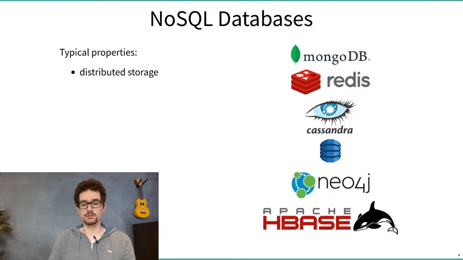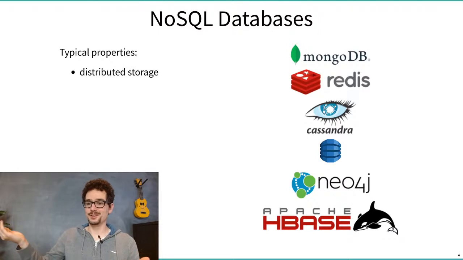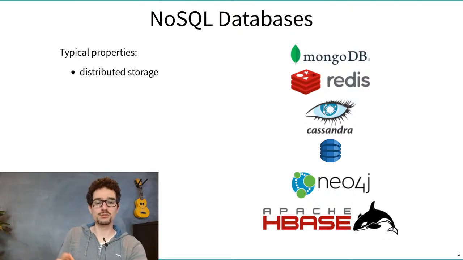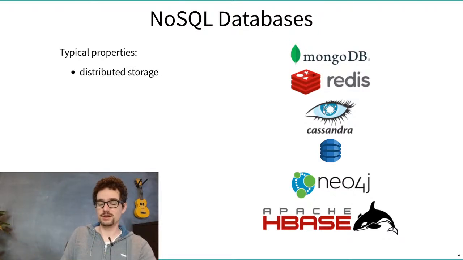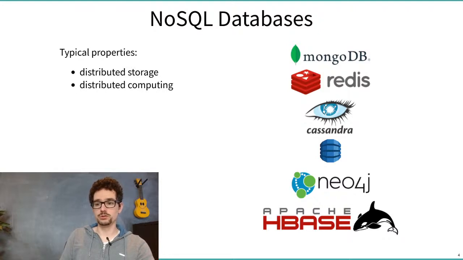So when the system gets too slow, then simply add more machines and then redistribute the data, and every machine can process the data that's on that machine. That's what we call distributed computing.